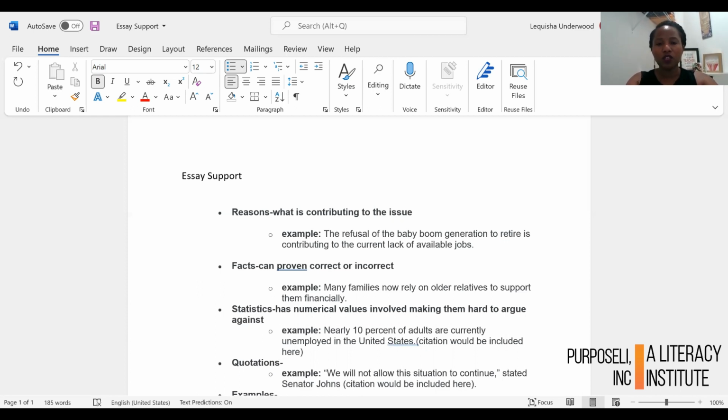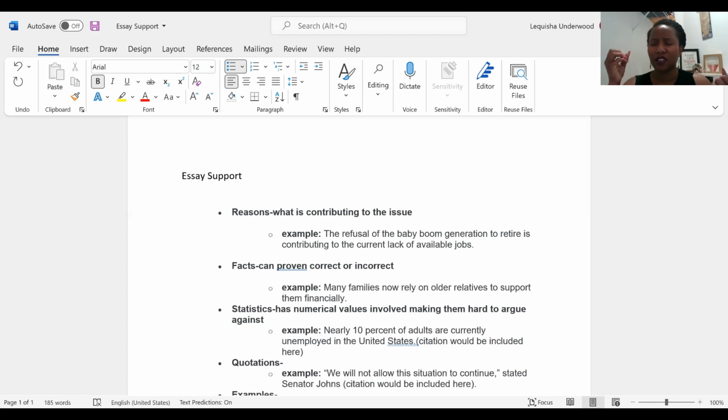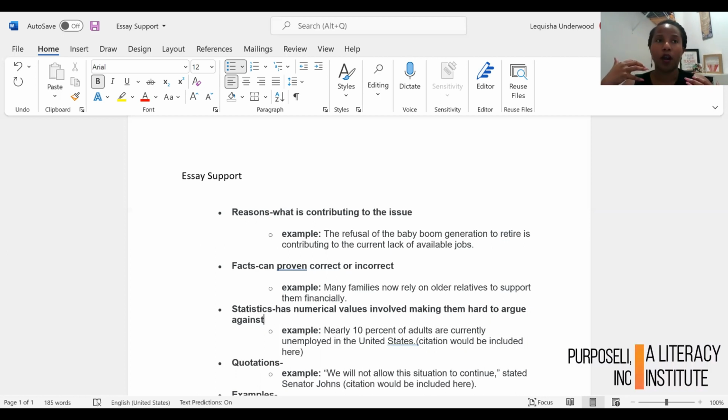What's interesting about including statistics is that when the human brain reads a number or hears a number, it tends to accept it as more of a true statement, therefore making the writing feel more sustainable or believable.